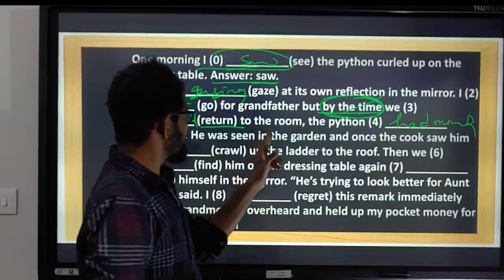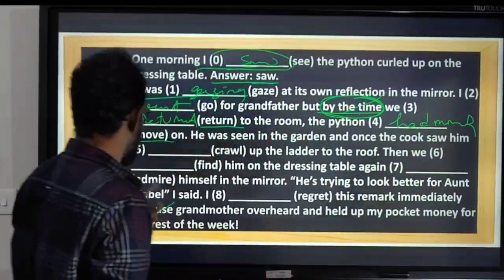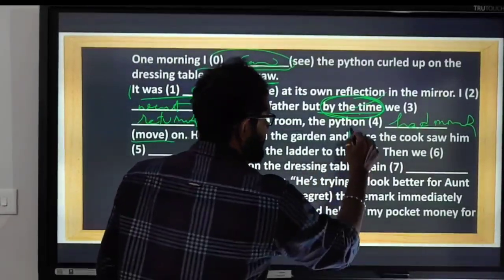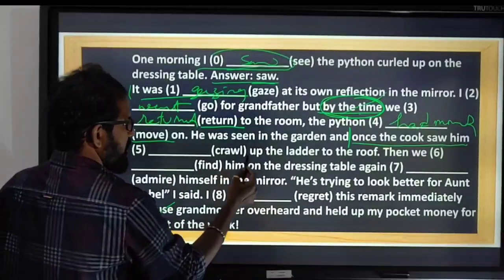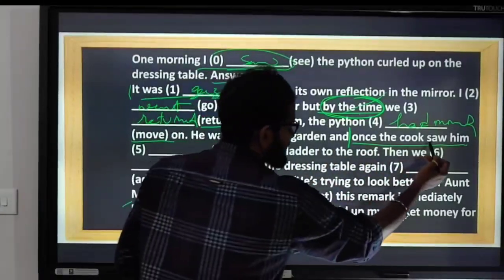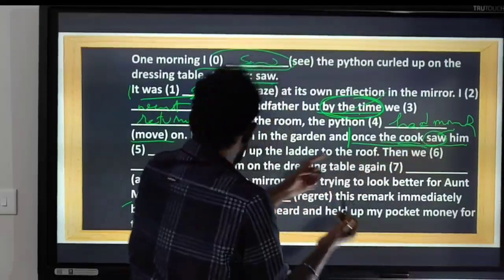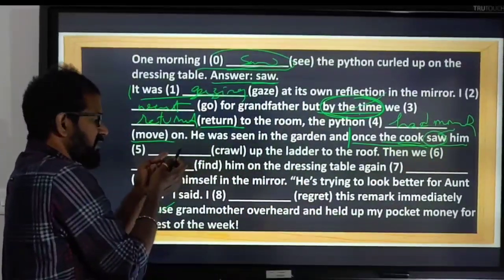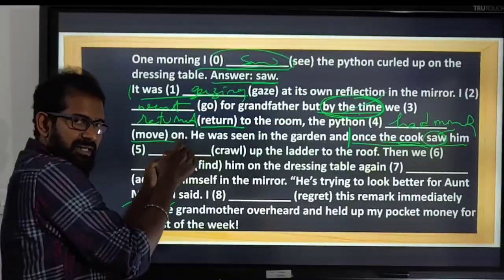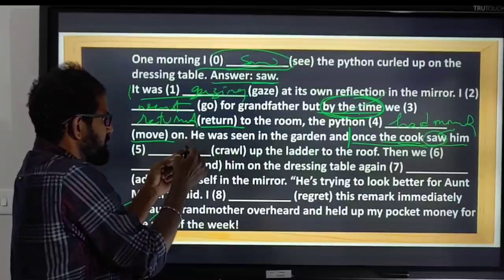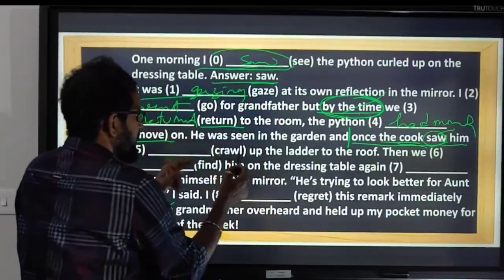He was seen in the garden, and once the cook saw him, crawl up the ladder. So here, saw, one main verb is used after the subject. Again, another verb, we can't use a main verb. We need to go for present participle or past participle. Once the cook saw him, here crawl what?